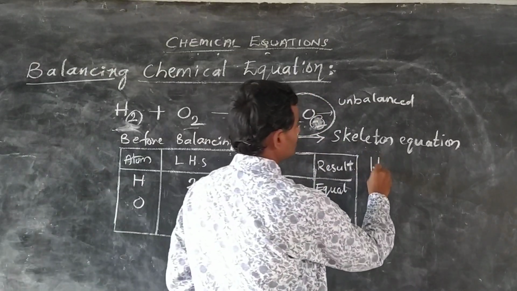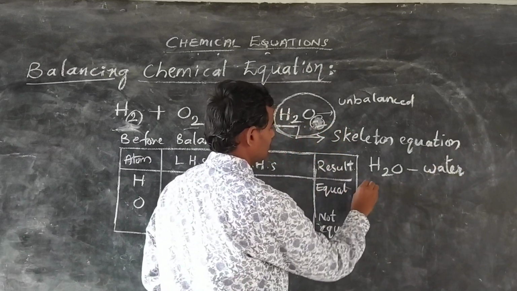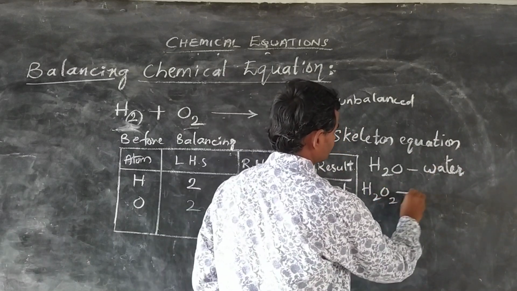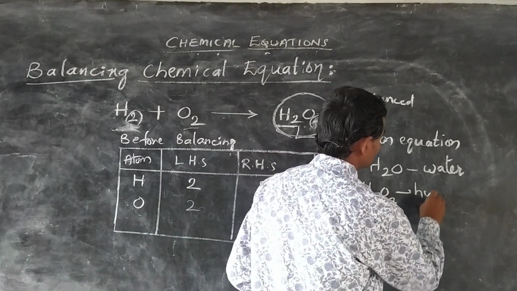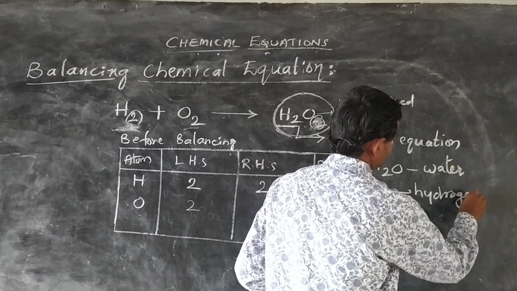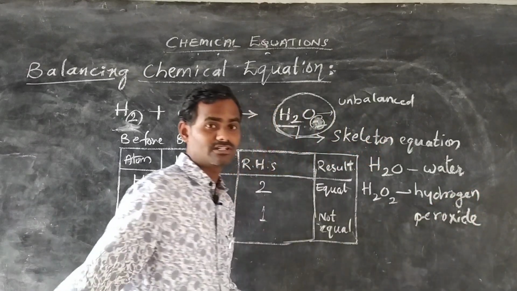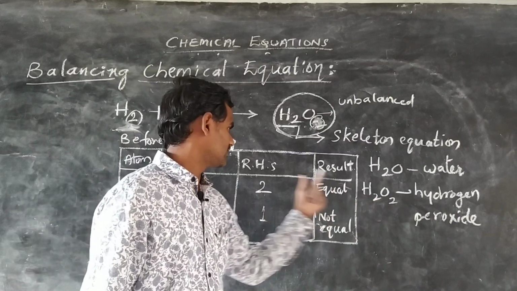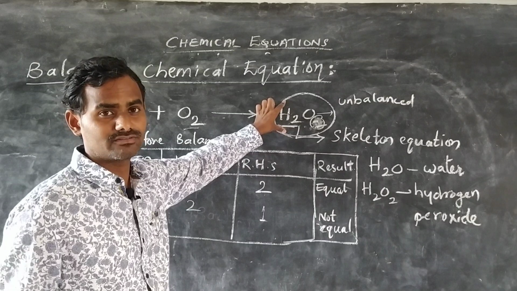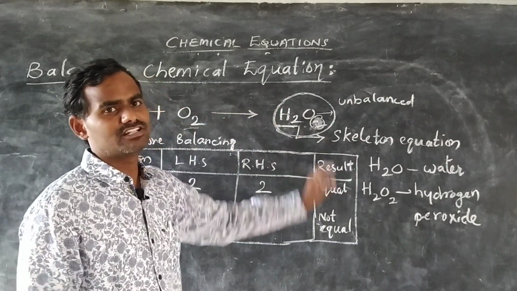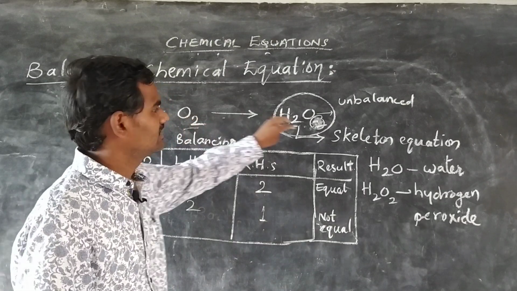H2O is water. H2O2 is completely different, with a different nature. It is hydrogen peroxide. So the equation is balanced, but the complete nature of the compound has changed.